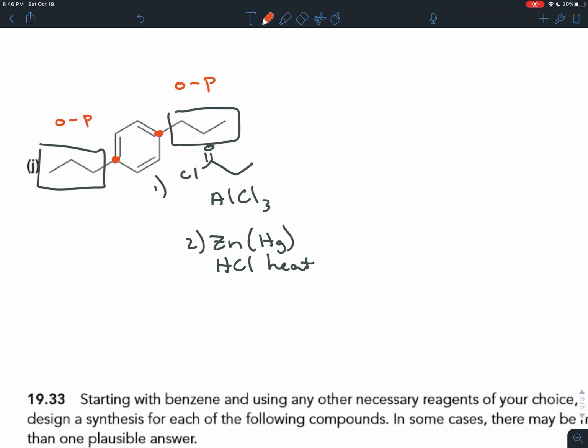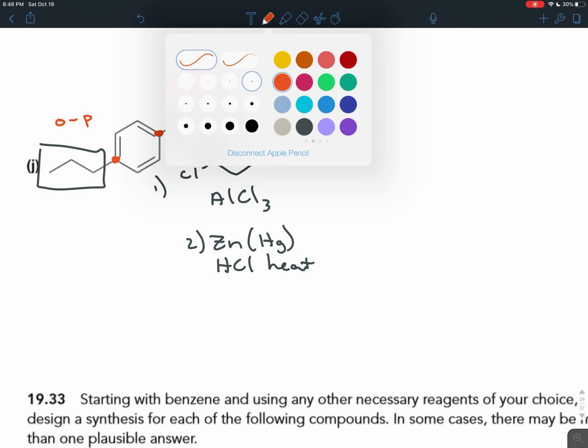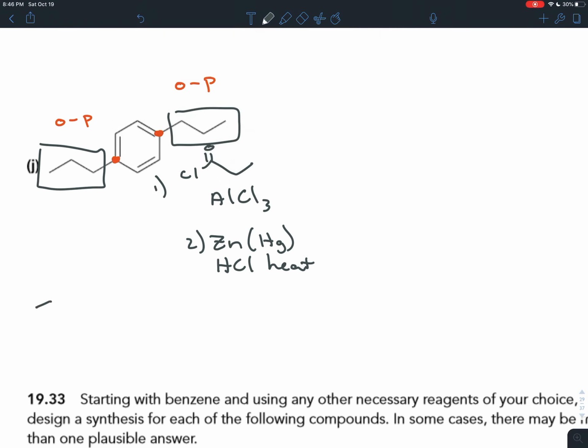So it doesn't matter the order we put them in, we'll just do it twice. We'll take benzene, we'll add the acyl halide with the metal catalyst. That will put one of these acyl groups on. We'll reduce it.